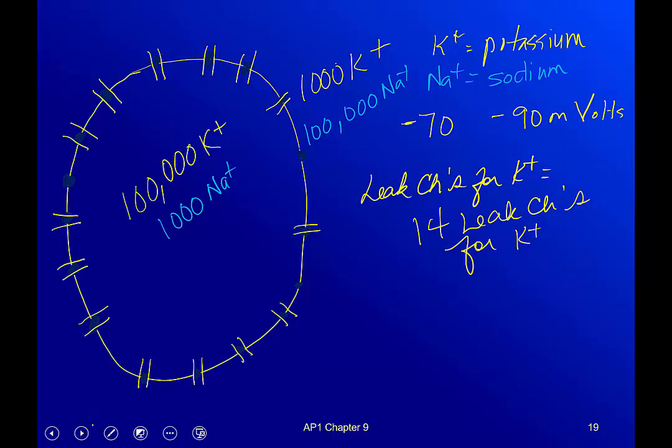Now, let's talk about sodium. So I probably do have leak channels for sodium, but if you look at the number of leak channels that I have for sodium, it's a lot less.